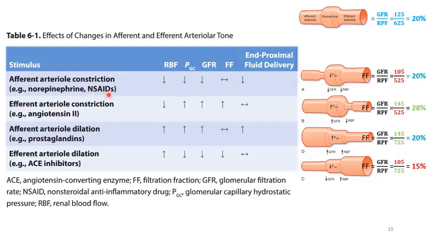NSAID inhibits an enzyme known as cyclooxygenase 2 or COX2. It's an enzyme that generates prostaglandins. So by prescribing NSAIDs, the level of prostaglandins that are generated locally will decrease, and reduction of prostaglandin will lead to constriction of afferent arteriole, and by constricting afferent arteriole, both RBF and GFR will decrease.